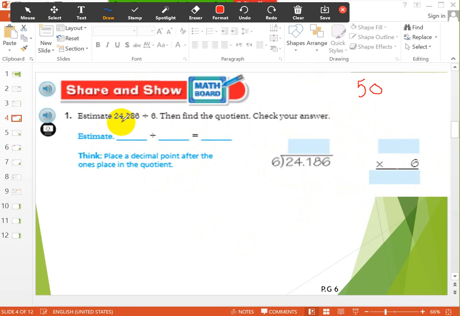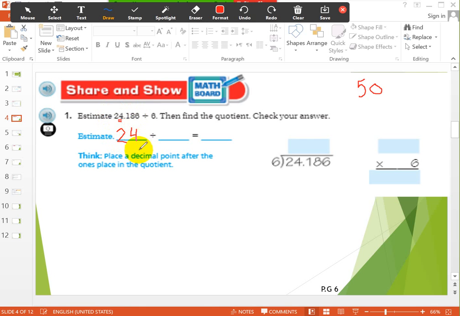So if you round this number into the nearest whole, what is the estimation for this number? Look, before 4 I have 1, and 1 is less than 5, so I will keep the same whole, so it will be 24. Thank you, Mariam.